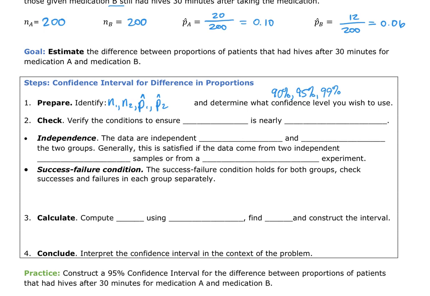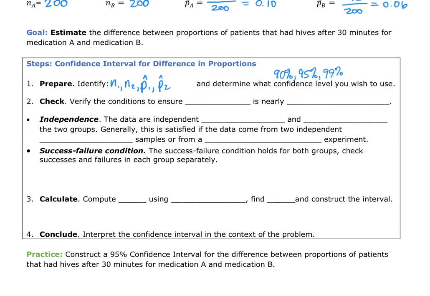The second step is to check to make sure that the conditions hold, that we can apply the normal distribution. And so we want to ensure that our sample statistic, which is the difference in the sample proportions, is nearly normal. To do that, we want to ensure that the data are independent, both within each sample and between each sample.